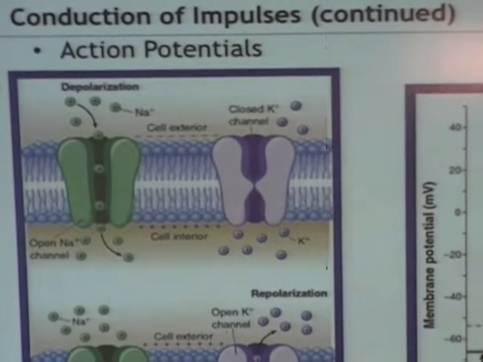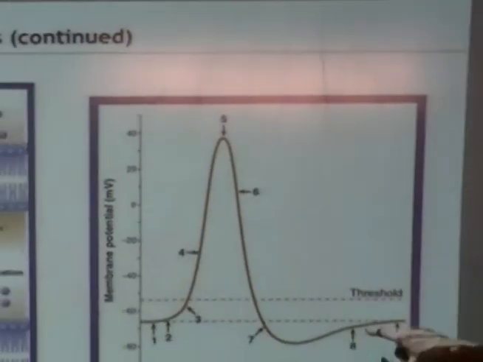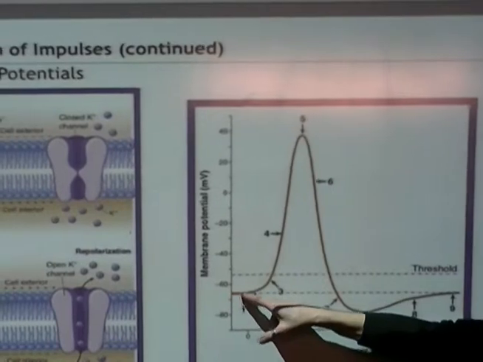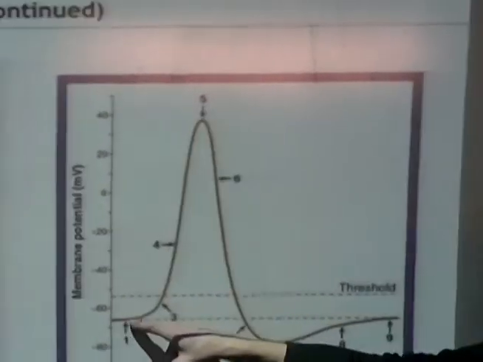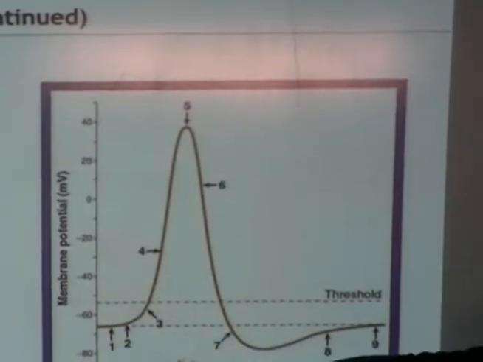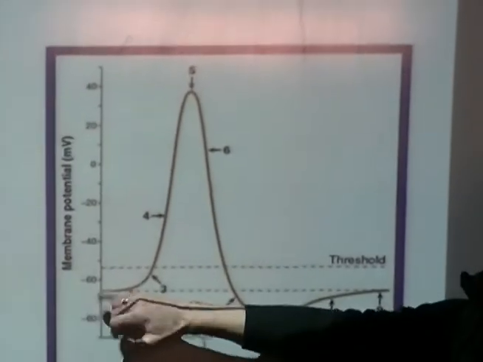And I really like this graph for this. I think it helps a lot. Because here is my resting, this bottom dotted line is my minus 70-ish. It's a little bit under here, it's about 65, but, right?